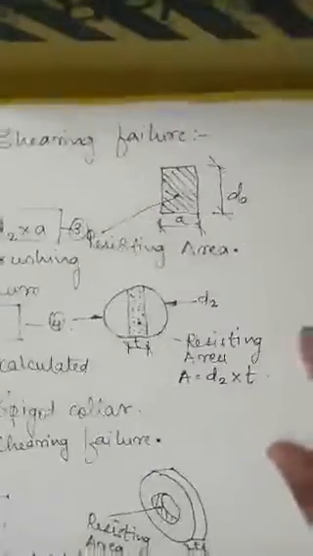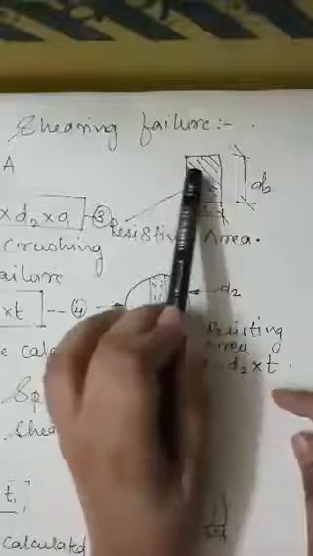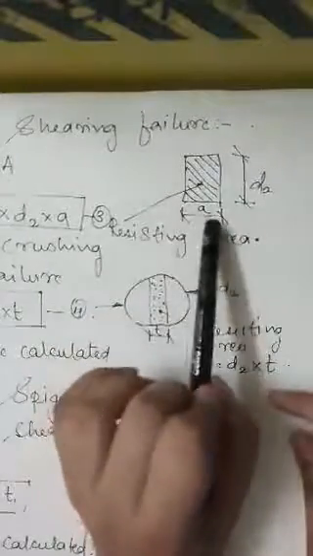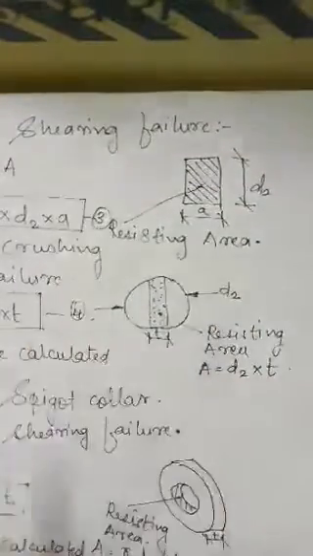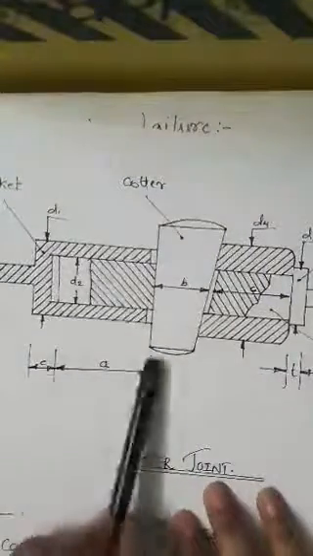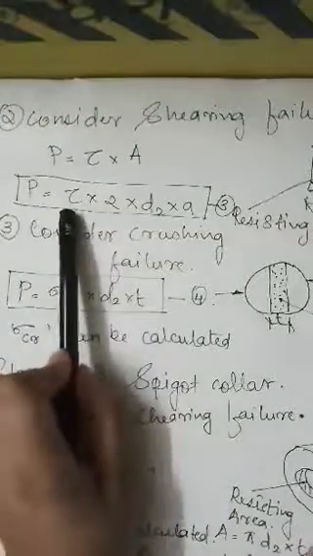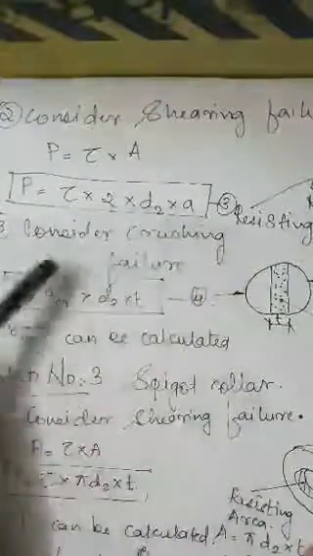So the shearing failure we will consider where resisting area becomes 2 into d2 into a, because there are two surfaces, one in the front, another one behind the surface. A is the width we have taken first hand in our diagram. This A is the width, and d2 is the diameter of spigot. So our formula becomes P equals tau into 2 into d2 into A.